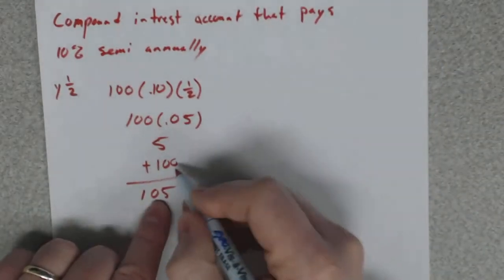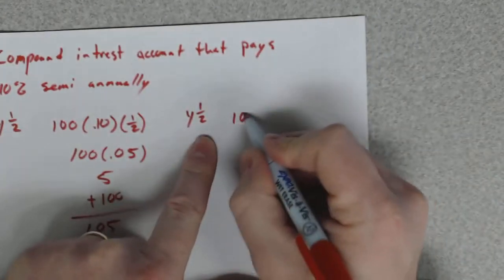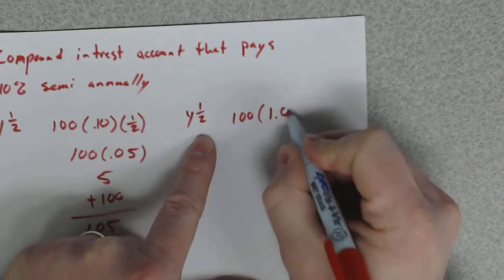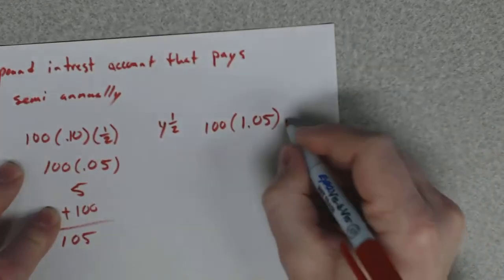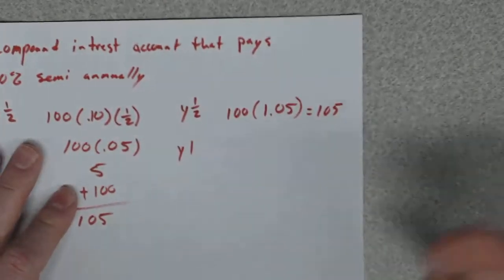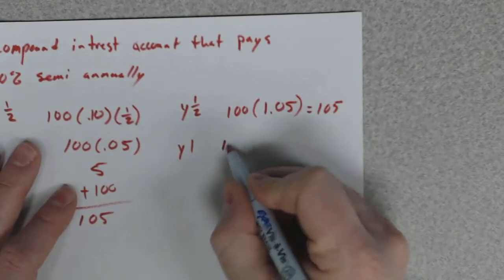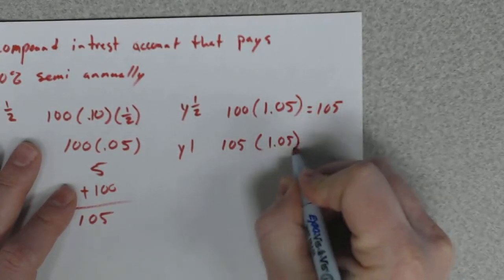So instead of this business where I have to add, okay, year 1/2, I'm going to say 100 times 1.05. Remember how if you put a 1 in front of it, you don't have to add these two things back together. You get 105. Now at year 1, see there's another half a year goes by. You have a full year now. You take 105, and then you multiply that by 1.05.